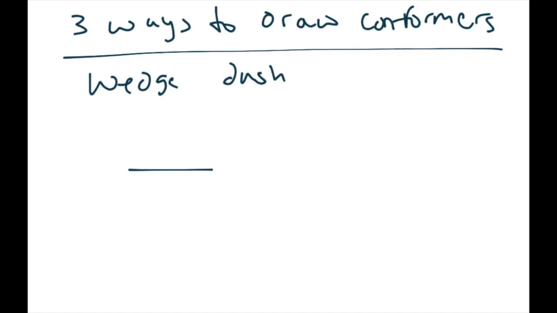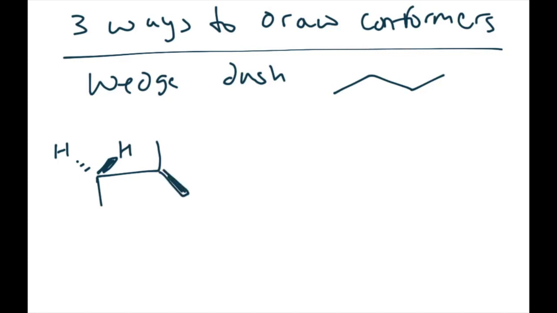Let's go with butane first, so I'm going to draw butane. The wedge dash method is to say, all right, this hydrogen here is on a wedge, sticking out at me. This hydrogen here is on a dash, pointing away from me. Next carbon, this hydrogen is on a wedge. This is on a dash.